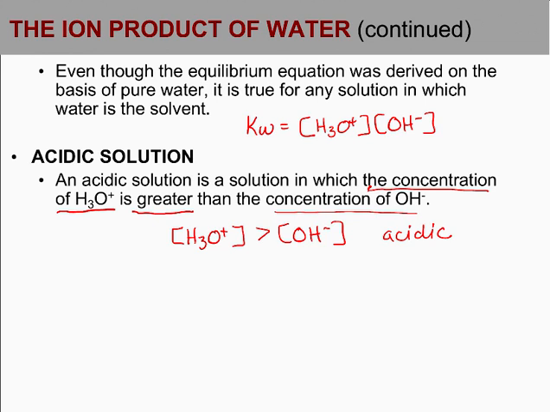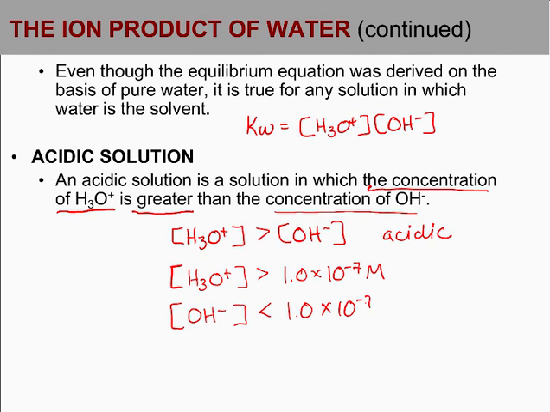So another way that we could write that we have an acidic solution is the concentration of hydronium ions is greater than 1 times 10 to the negative 7th moles per liter. And that means that the concentration of hydroxide ions is less than 1 times 10 to the negative 7th.